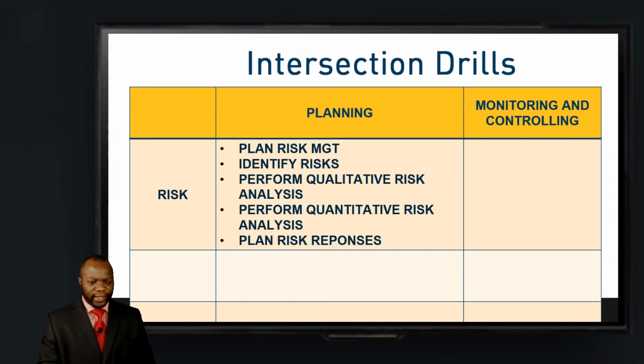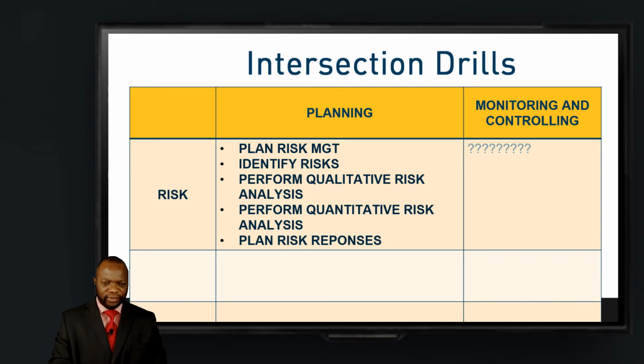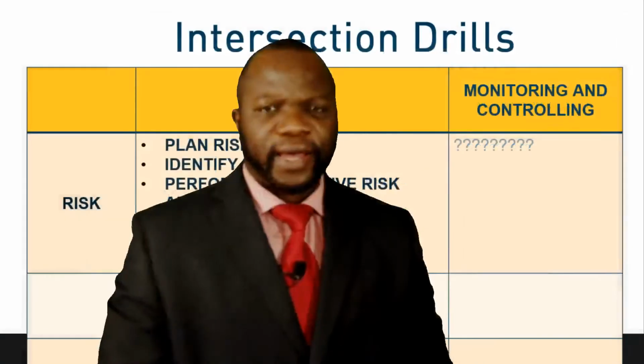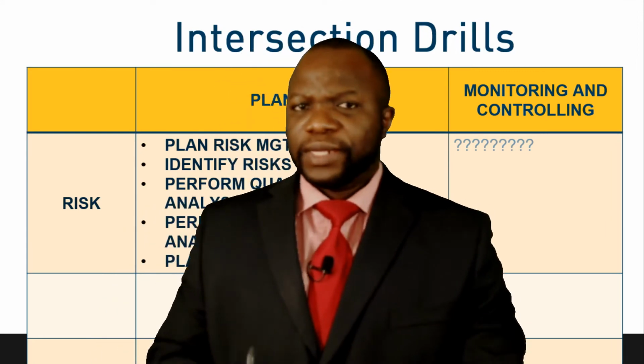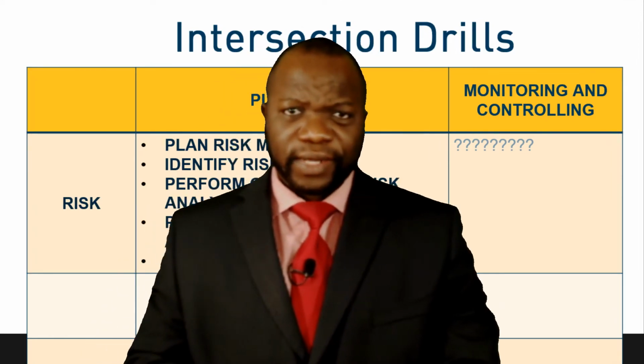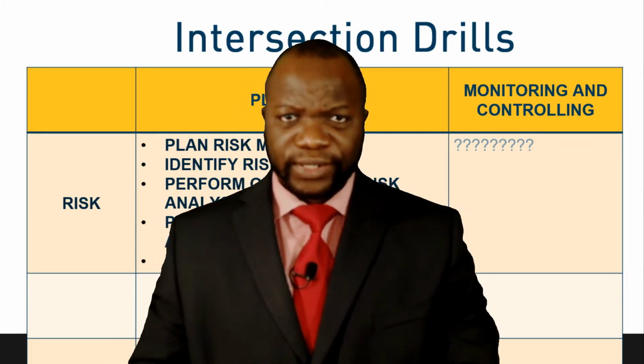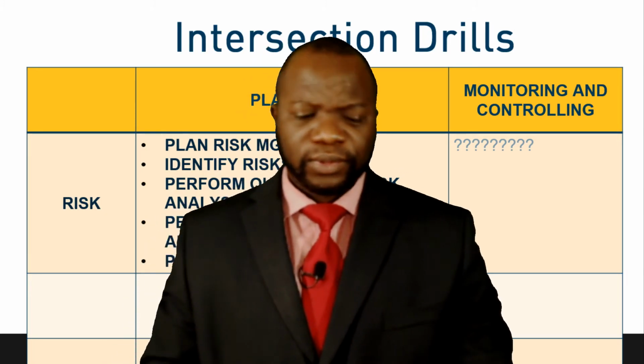So what you get at the intersection of risk and monitoring and controlling. 5 seconds. This is very, very simple. 5, 4, and 1. When you intersect risk and monitoring and controlling, your process is monitor risk, not control.